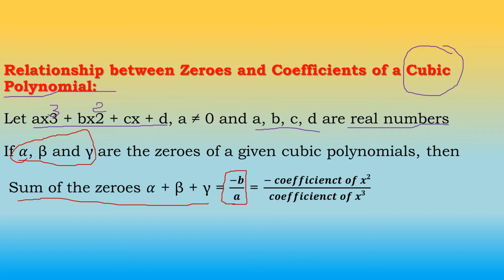What is b? b is the coefficient of x square, and a is the coefficient of x cube. So alpha plus beta plus gamma is equal to minus coefficient of x square by coefficient of x cube. This is the first relation between zeros and coefficients of a cubic polynomial.